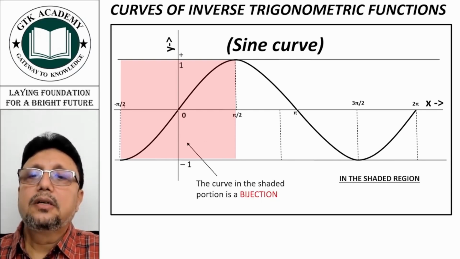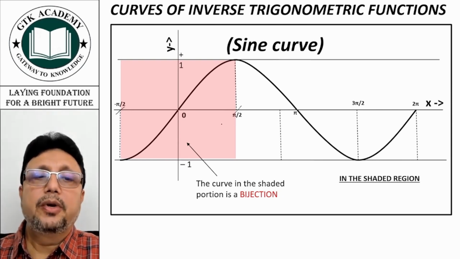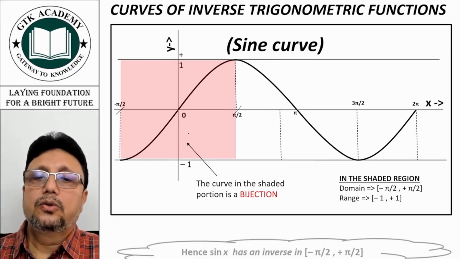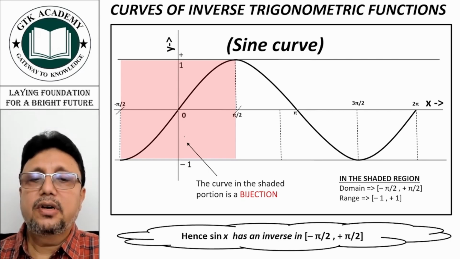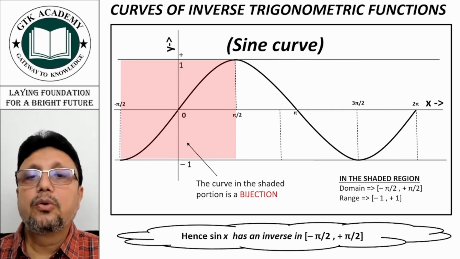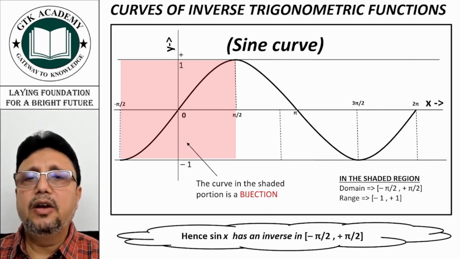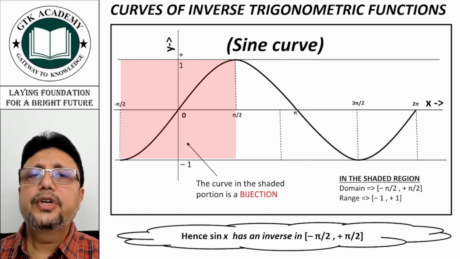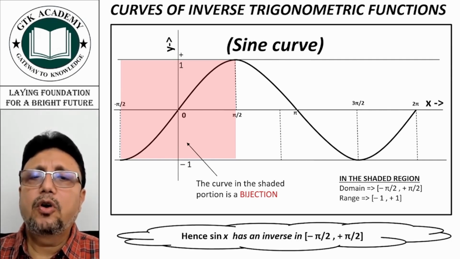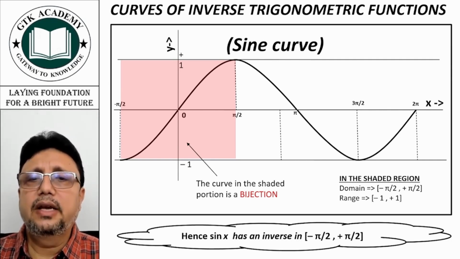The domain is minus pi by 2 to plus pi by 2, and the range is minus 1 to plus 1. So sin x has an inverse from minus pi by 2 to plus pi by 2, and not for the whole curve. You can only have the inverse for a certain portion of the sine curve. You can take another portion also where you can have an inverse, but not for the whole sine curve.